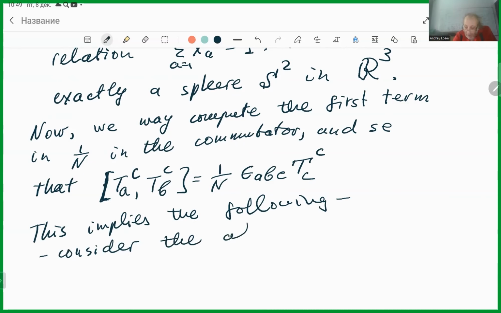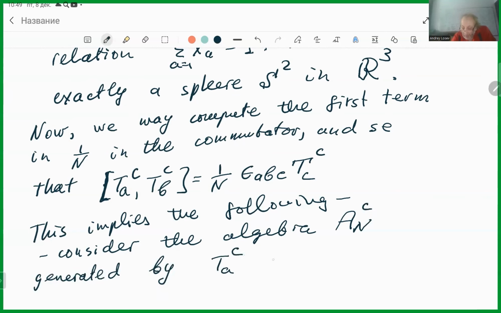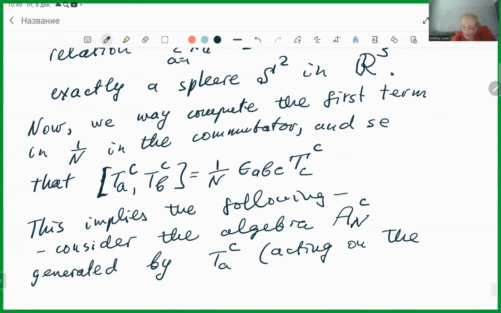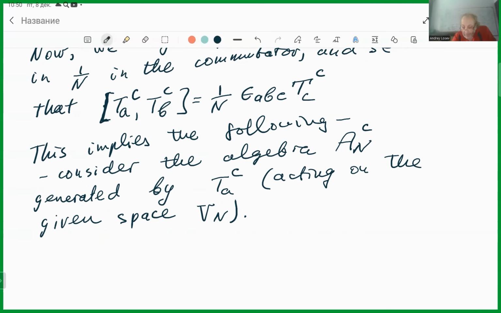This implies the following. Consider the algebra An, let me put here C, generated by TAC, acting on the given vector space. I'm sorry, in what meaning is this an algebra? We take some vector and we act by these generators and we get some other vectors? Isn't it just a vector space? When I say algebra generated by generators, I mean the following.